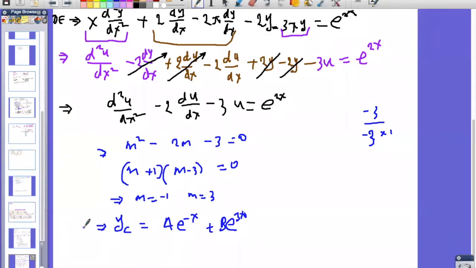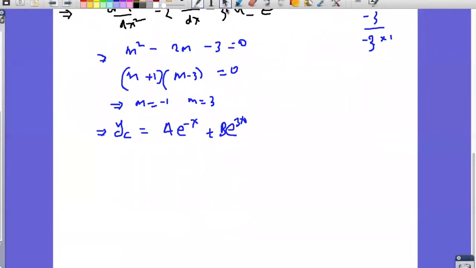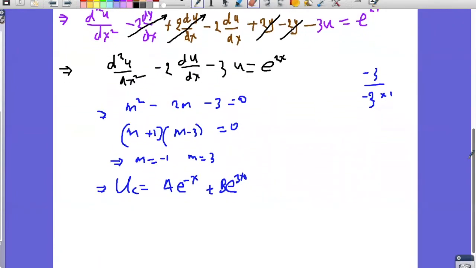And then we have to look for a particular integral. Sorry, this is not y complementary. This should be u complementary, since our differential equation is in terms of u.